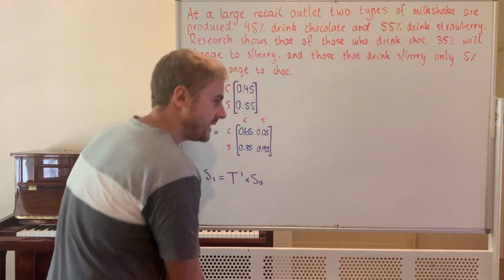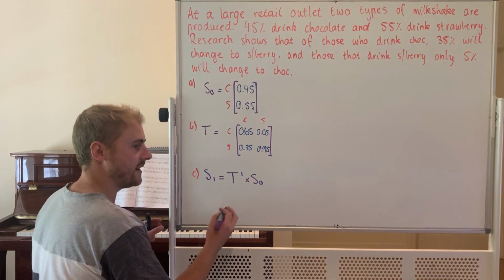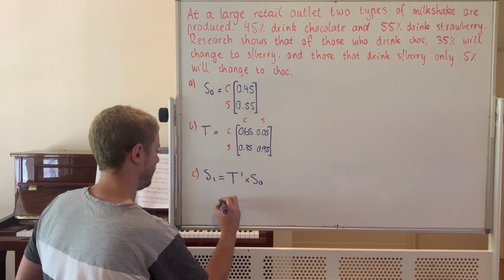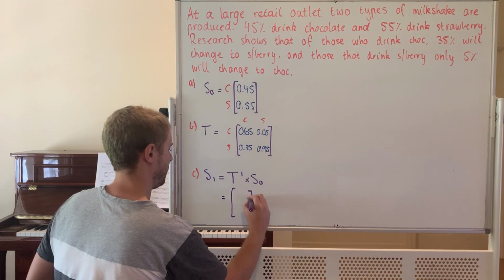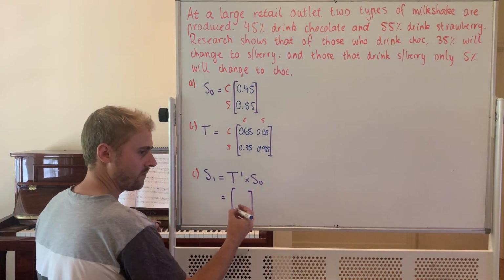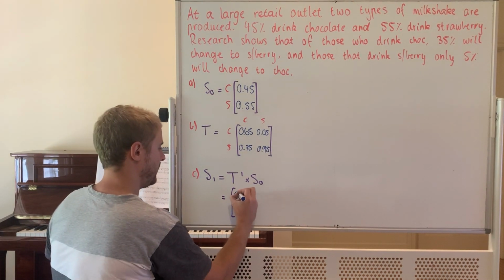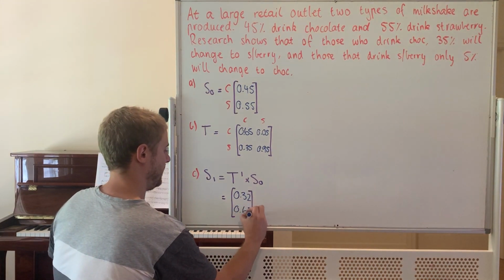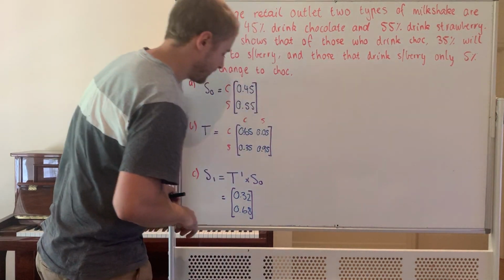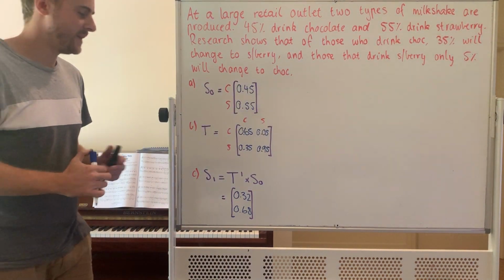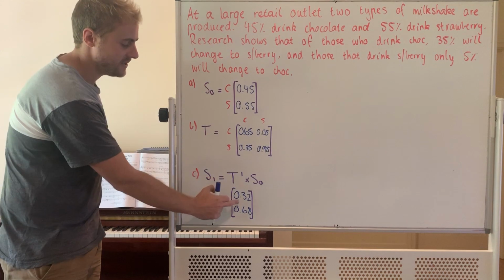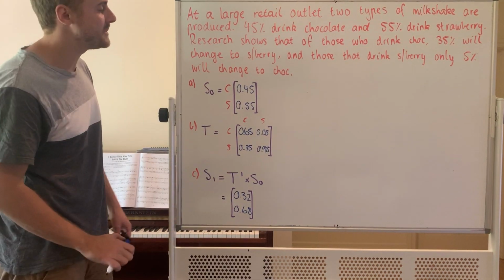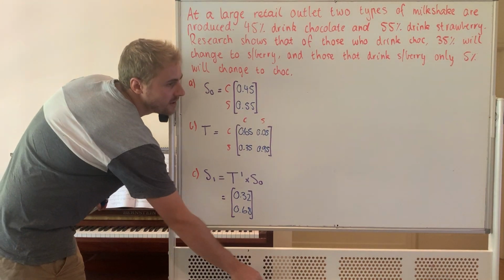If you type that into your CAS, you would hopefully get 0.32 for chocolate and 0.68 for strawberry. So what that means is that after 1 month, based off this information, we expect 32% of people to be drinking chocolate, 68% of people to be drinking strawberry.